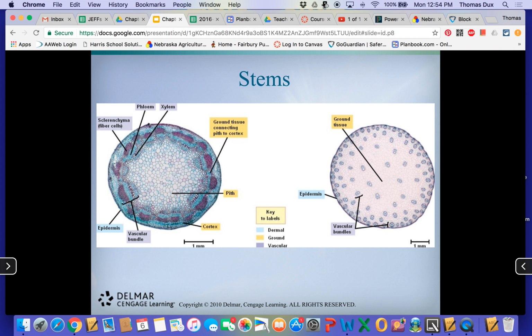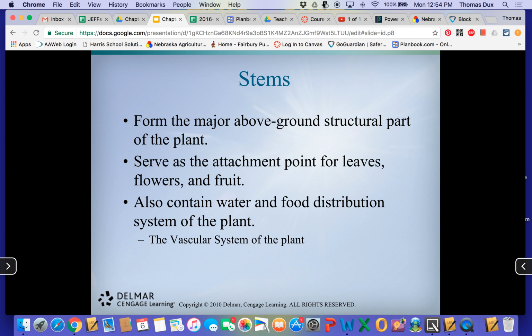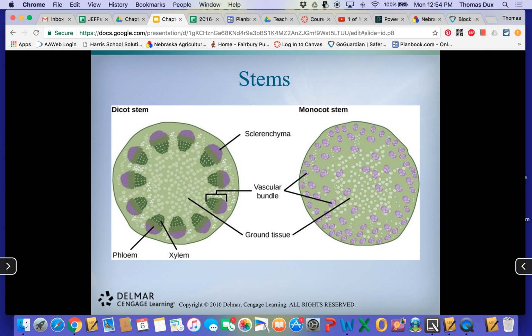So we have to have a way for the new xylem and phloem to be created. Your book also has that picture, and that middle layer would be the cambium layer that keeps growing the new xylem and phloem cells.